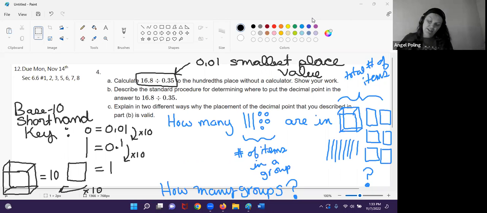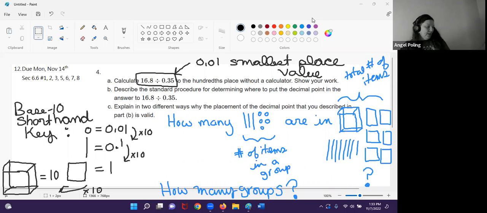the conversation still holds. We would break down some of these rods into units. We break down everything into rods and units. But what if we kept it going until we broke everything down into units, right? And we just had the individual units sitting out, then we would have 1,680 units, and we would be trying to group them in sets of 35, right?